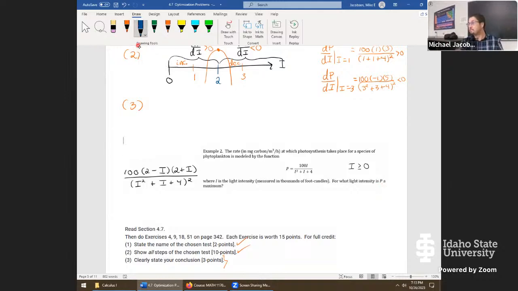We'll make for our conclusion at I equals 2, and the unit here is thousands of foot candles. I need to Google that one day and figure out how they came up with that as a unit. Such a strange name.